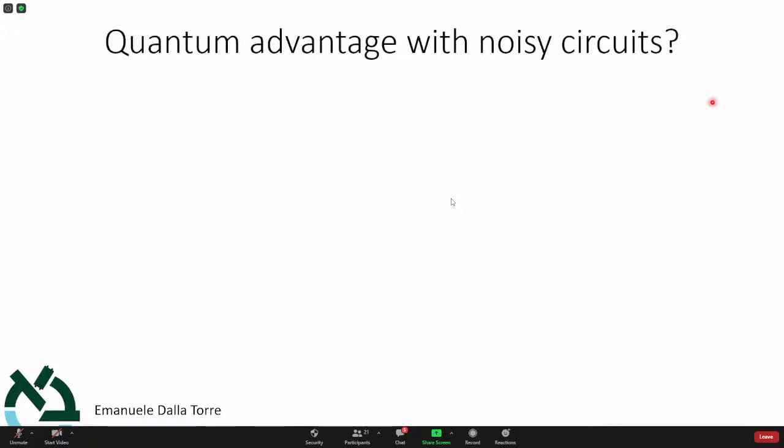And interaction is basically nonlinearity. And if you want to have a good gate, you need a strong interaction, where the interaction is of the same order as the frequency of the qubit itself. So you really need very strong interaction. You need to be in what is known as the strong coupling limit of optics.